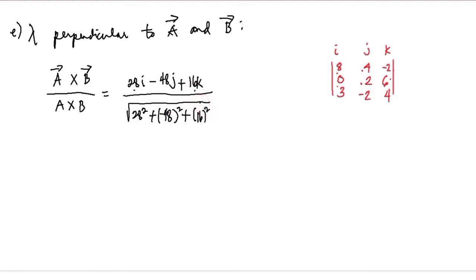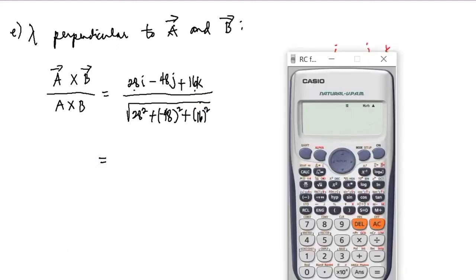And computing for this, since we are just going to divide each component here in the numerator by the denominator, we just replace the x in the numerator over the denominator, which is the square root of 28 squared plus 48 squared plus 16 squared. And then we are just going to substitute here in our equation using the calc function.